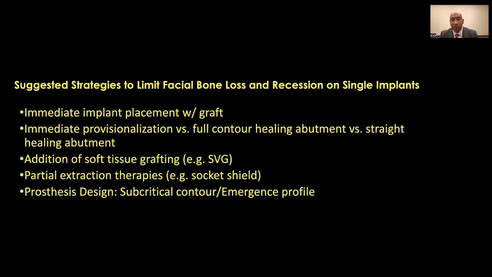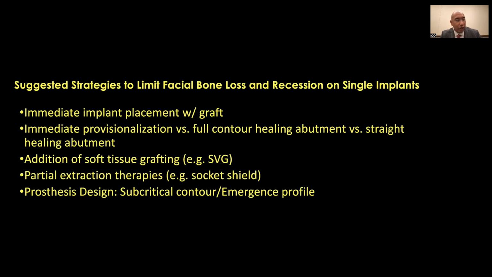We call that a surgical veneer graft. And then if it's your thing, you can do partial extraction therapy where you leave the facial part of the root intact and attached to the facial wall. That way, the hope is that you preserve that facial plate, and you preserve that interproximal height of bone and the soft tissue, that natural soft tissue drape and scallop that goes along with that.